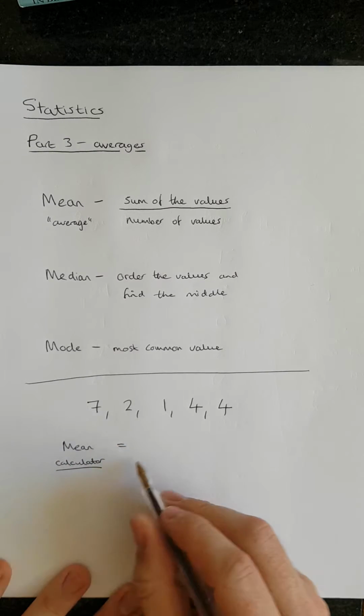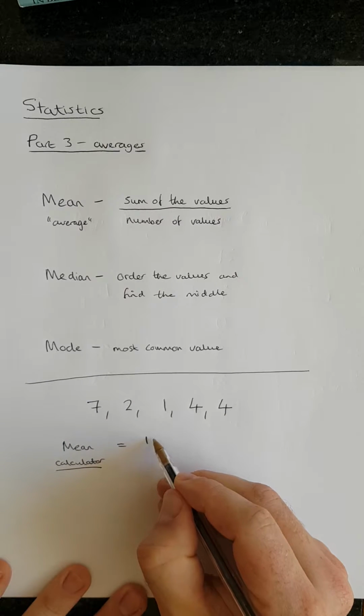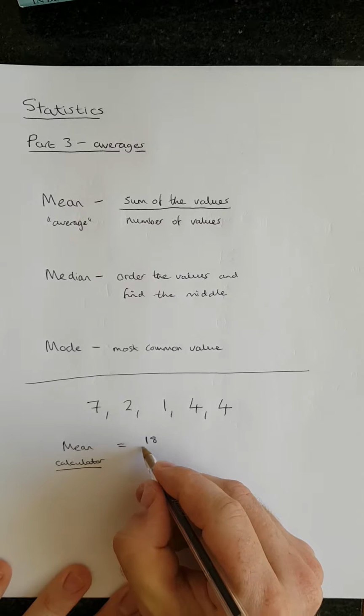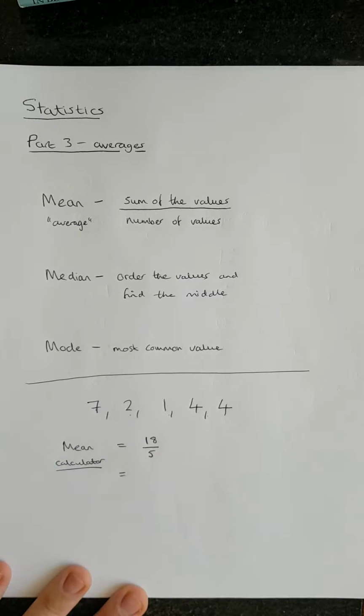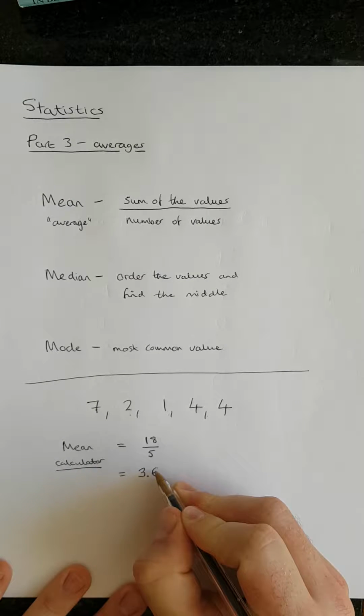So to find the mean, we add all the numbers up, which is 18, and then we divide it by 5, because that's how many numbers there are. Our calculator will show us 3.6.